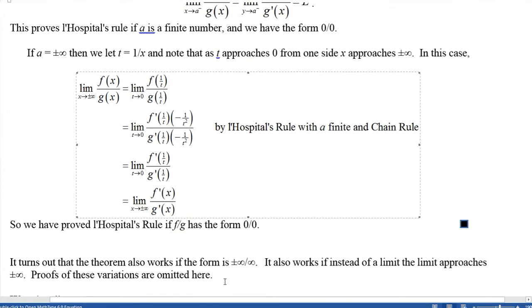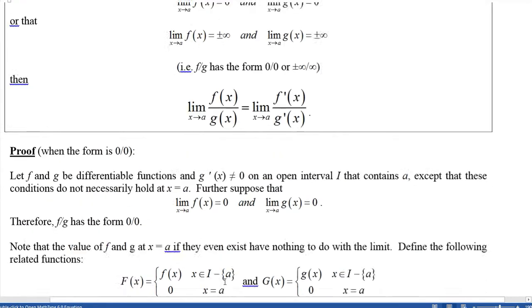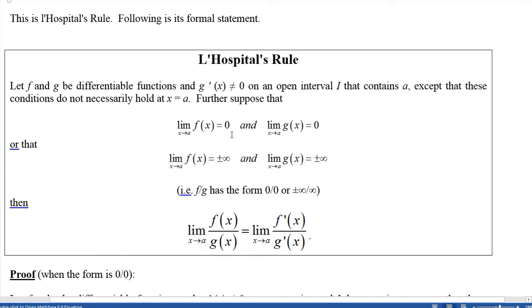It actually turns out that L'Hopital's rule works a little bit more generally. You notice it also works if you don't have this condition that both limits are 0. In other words, if you don't have the form 0 over 0, but instead you have the form minus infinity over infinity or infinity over infinity, and the conclusion is the same. They both work whether you have form 0 over 0 or infinity over infinity.